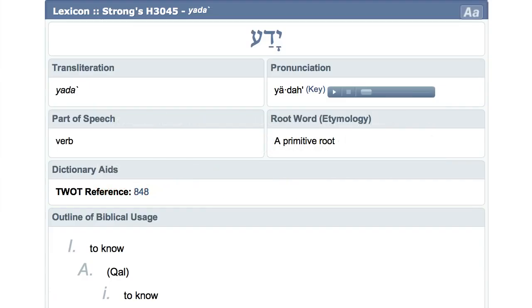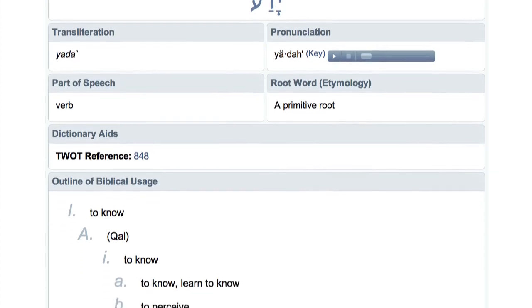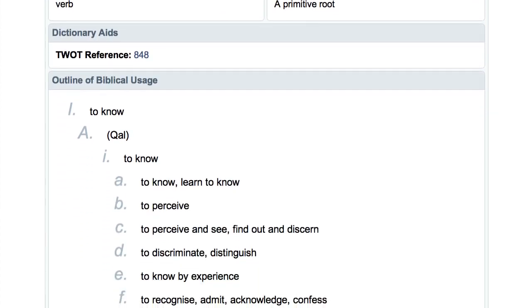Here it is. It's number 3045. It's the Hebrew word yadai, and it means to know. Letter A says to know, learn to know. B says to perceive. C says to perceive and see, find out and discern. D says to discriminate, distinguish. Now, look at this.